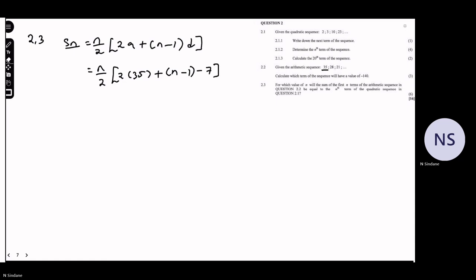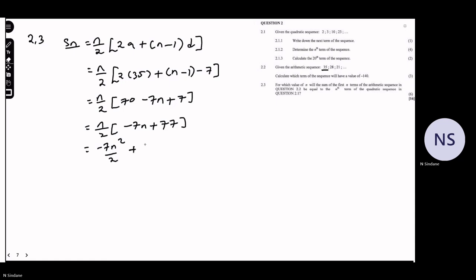And then this is n over 2 into 2 multiplied by 35, which is 70, minus 7n plus 7, and then we have n over 2 into negative 7n plus 77, right? This will be negative 7n squared over 2 plus 77n over 2, right?